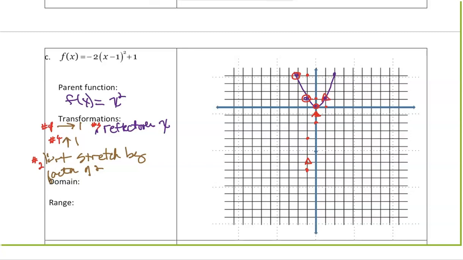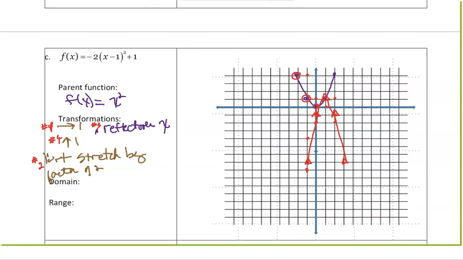Okay, from that point that's covered by that red triangle, I'm going to go over 1, flip over the x-axis, multiply by 2, and then go up 1. There's my symmetry coming. Okay, and using symmetry, my last point would be there. And here's my new curve right there.